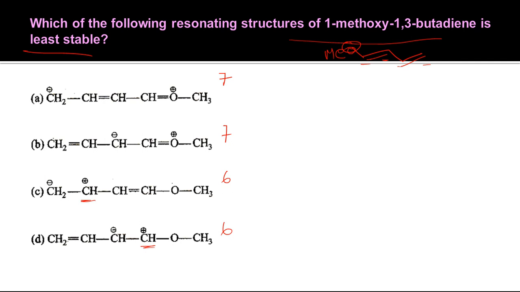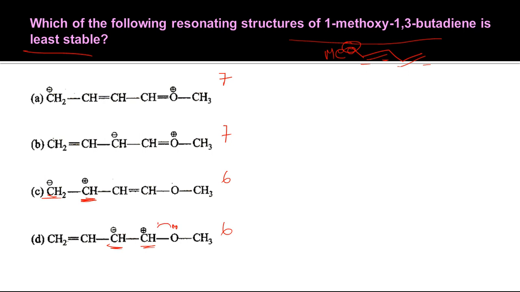See, in C there is a negative charge over carbon and a positive charge over carbon. In D also there is a positive charge over carbon and a negative charge over carbon. So based on that you cannot do anything. The next point you can find is that in structure D there is a heteroatom, oxygen, with a lone pair just beside, adjacent to the positive charge of carbon.